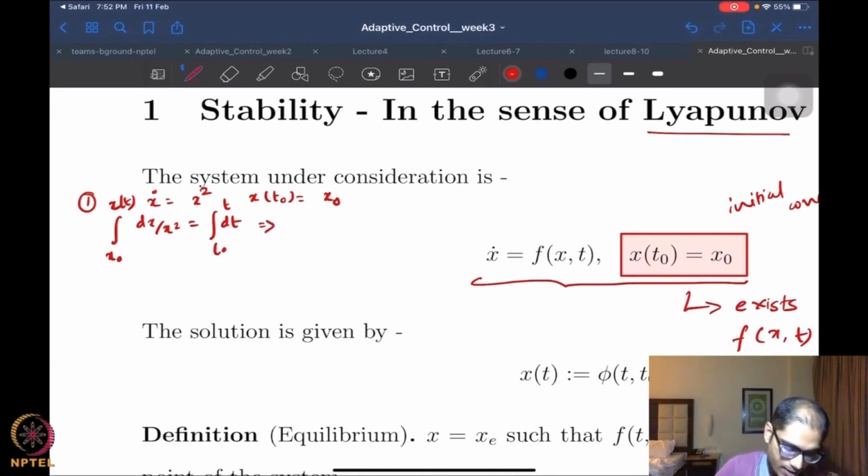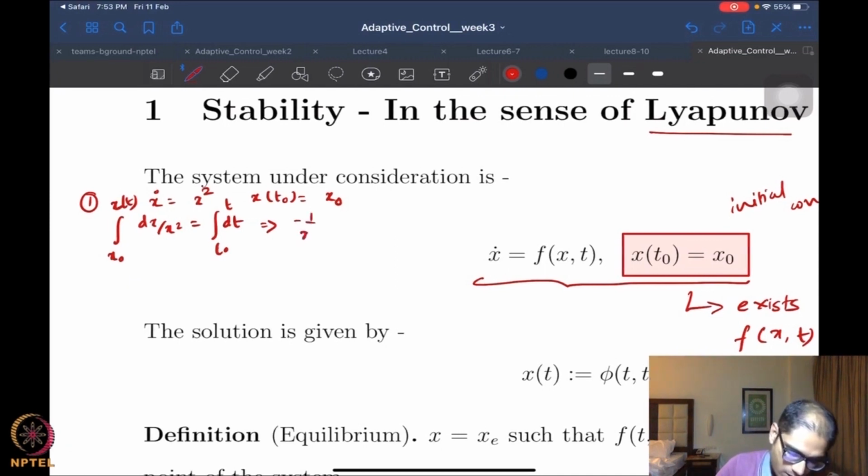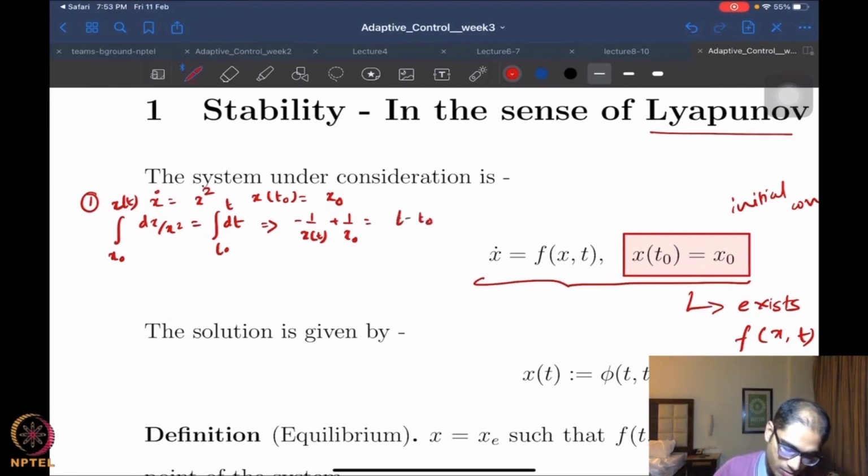I will get something like minus 1 over x(t) plus 1 over x0, using the standard integration formula for 1 over x squared, and this equals t minus t0.